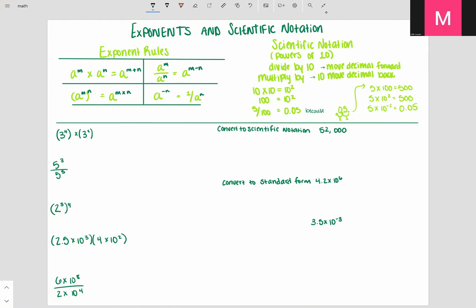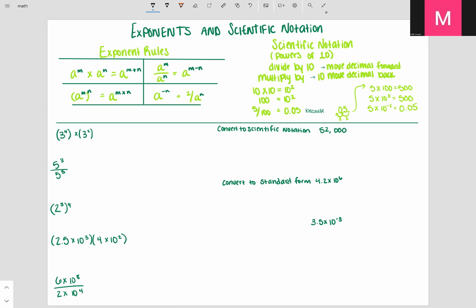If you're dividing two numbers that are the same, raised to an exponent, you subtract the exponents. If you are raising a number to a power and then raising the whole thing to a power, you multiply the exponents. And if you have a number that is raised to a negative exponent, you make a fraction with a 1 on top and the number raised to the positive exponent.